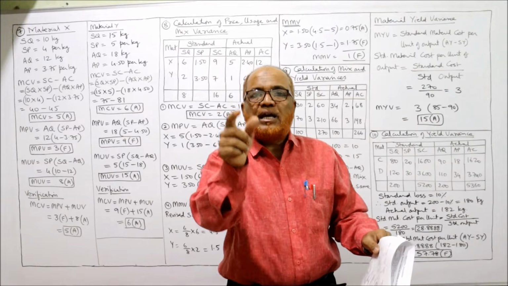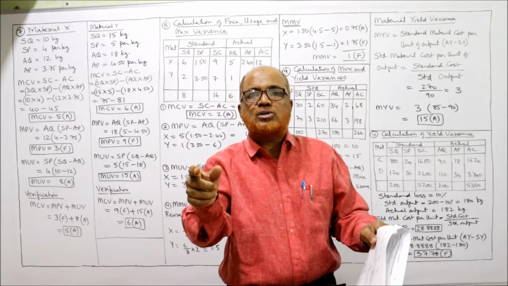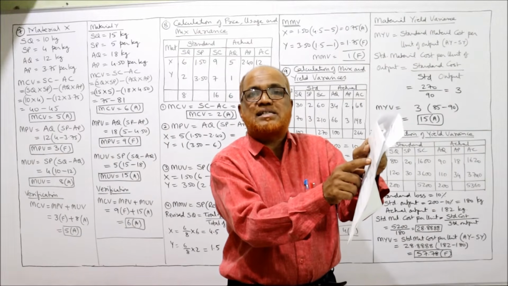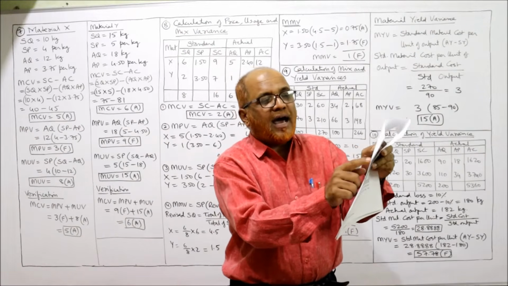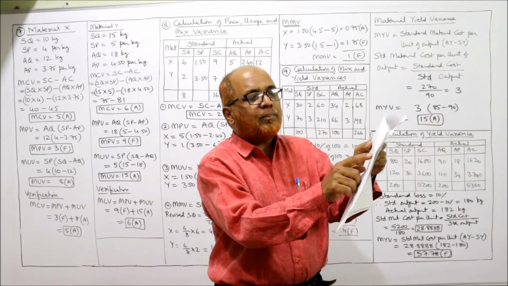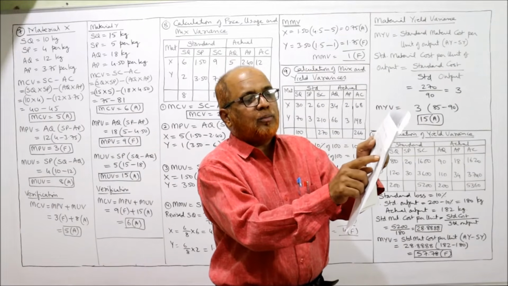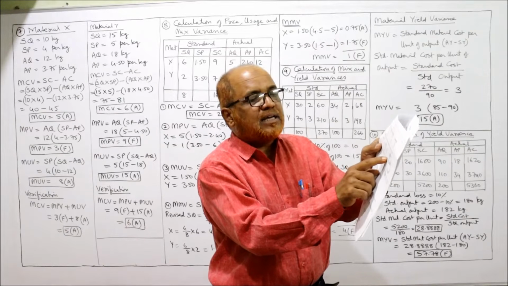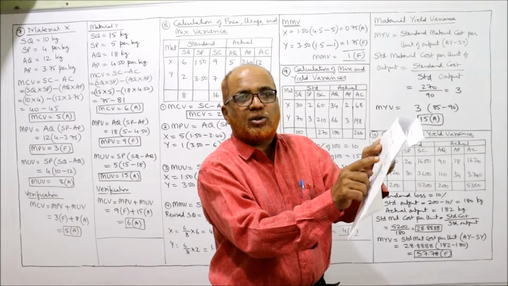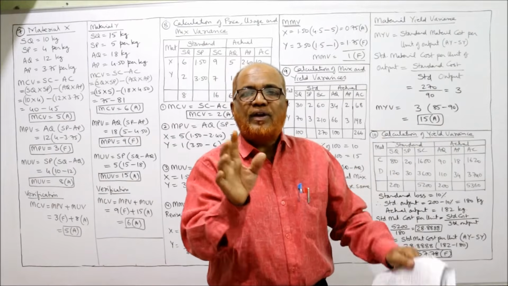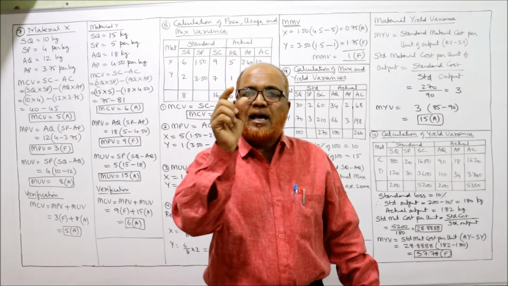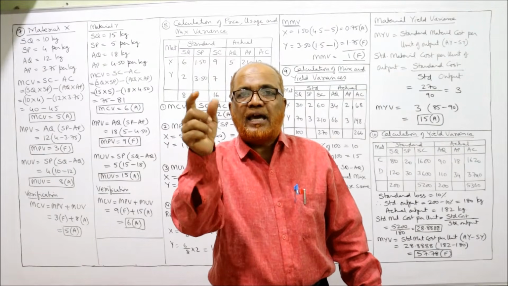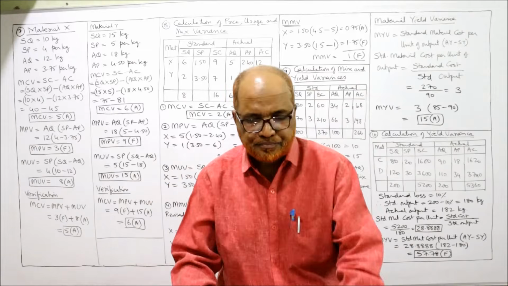So SQ into SP is equal to SC. Similarly, actual quantity 5, actual price 2.4, so 5 into 2.4 is 12. Actual quantity of Y is 1 and actual price 6, so 1 into 6, 6. So we are given the complete data regarding SQ, SP, SC, AQ, AP, AC, actual cost.